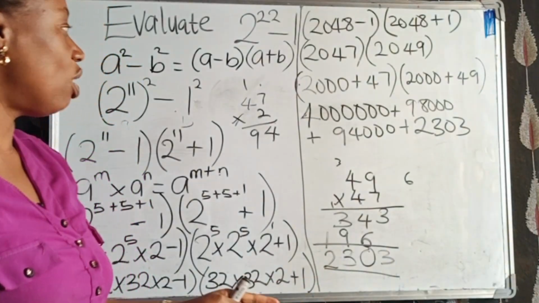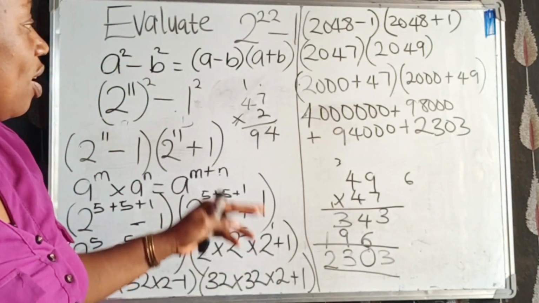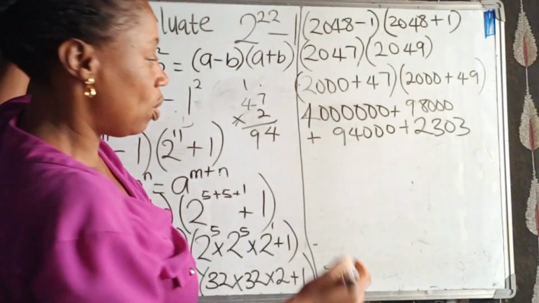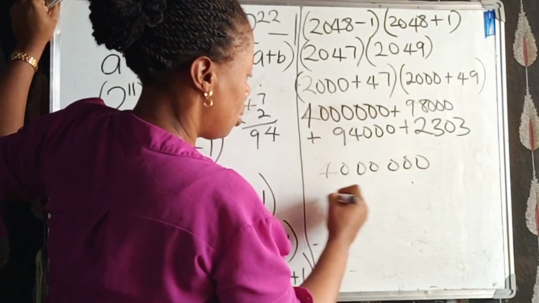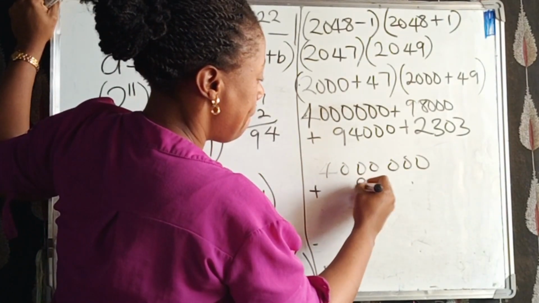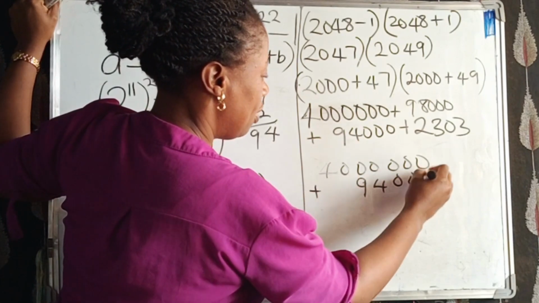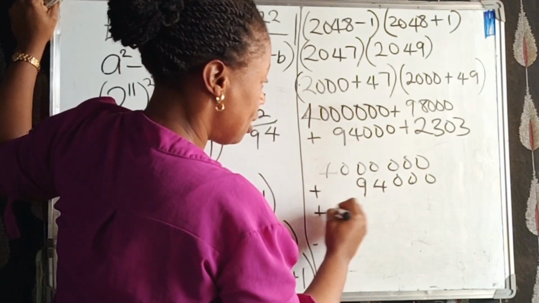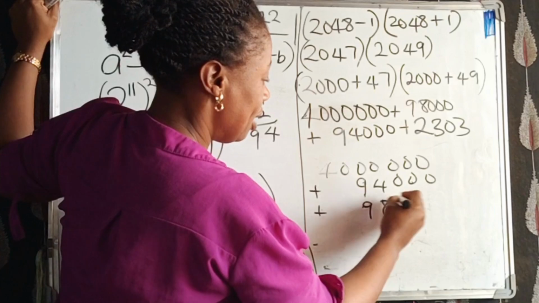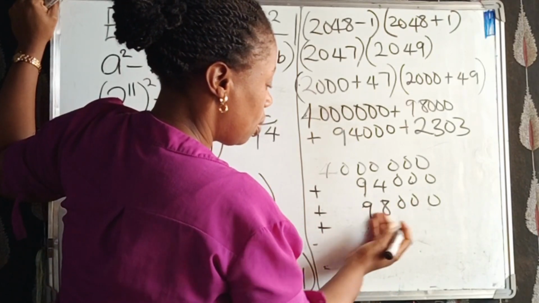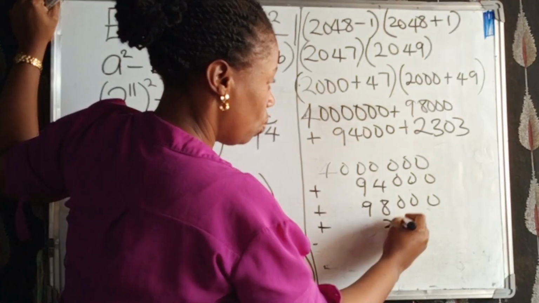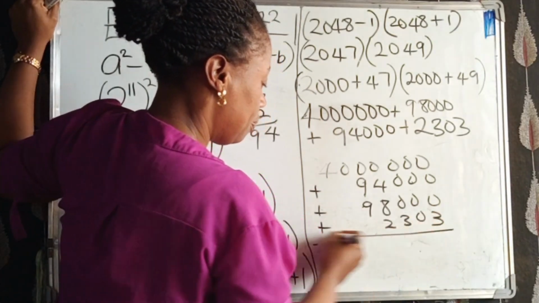So the next thing we are going to do is to begin to add. Now let's arrange them and add them together: 4 million plus 94,000 plus 98,000 plus 2,303.